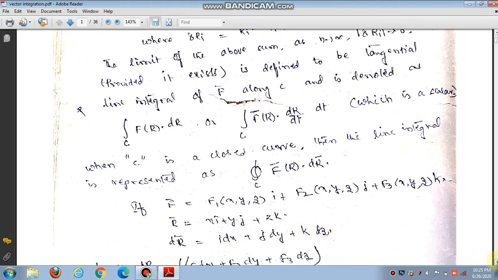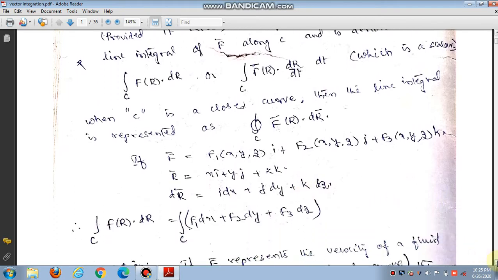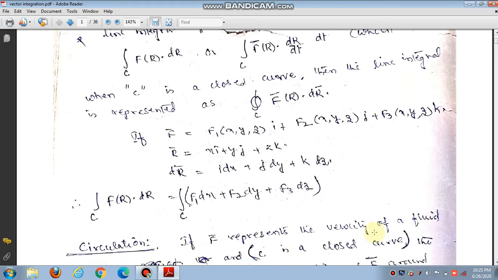And now we write the dot product f of r dot dr bar along the curve C. The dot product between f bar and dr bar is f1 dx plus f2 dy plus f3 dz.